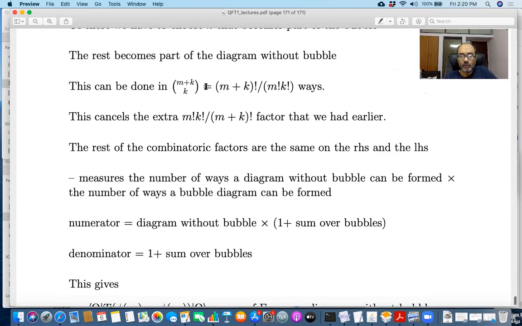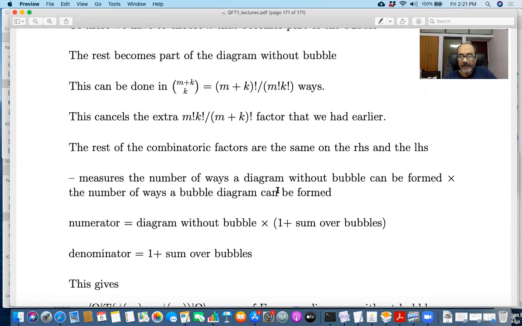So we have this extra factor in the numerator, and that cancels this factor. And you can easily convince yourself the rest of the combinatoric factors are the same on the right hand side and the left hand side, because that simply measures the number of ways a diagram without bubble can be formed and the number of ways a bubble diagram can be formed.